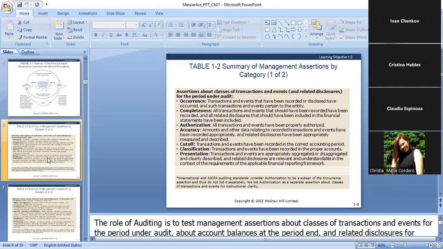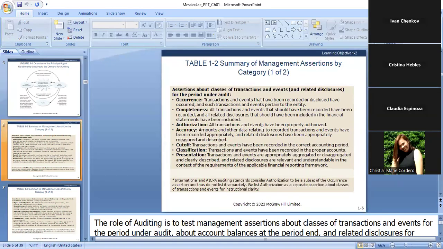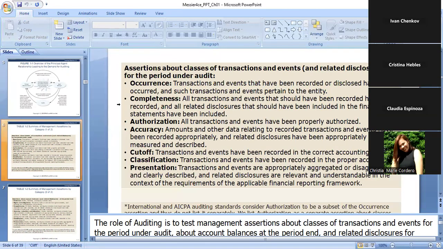And we have to check, at the level of transactions and events, what each of those is, because that's where those assertions come from.